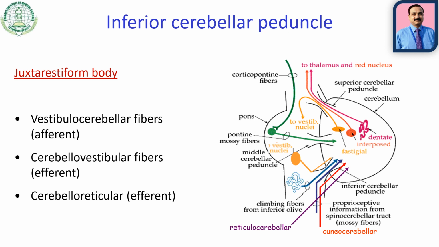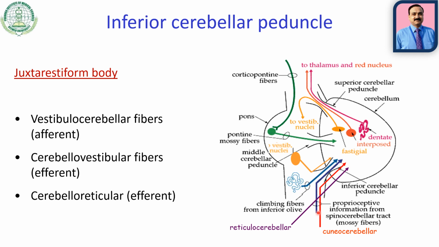Out of these, only vestibulocerebellar is a group of afferent fibers, while two are efferent fibers. So in short, if you want to revise, it contains two types of fibers, the restiform body and the juxta-restiform body.